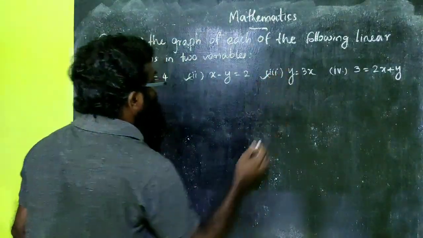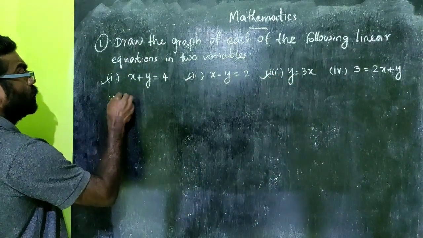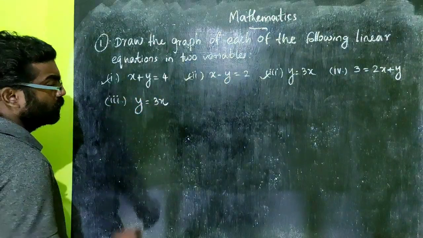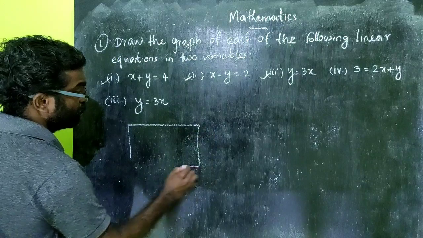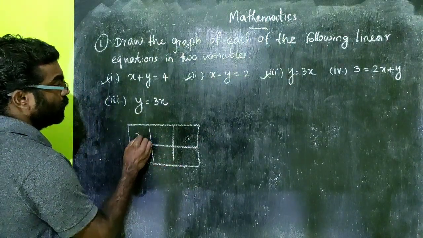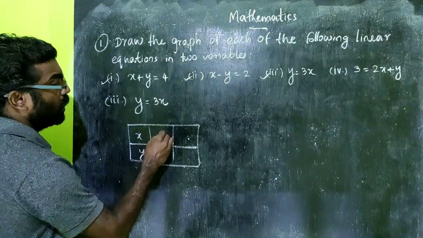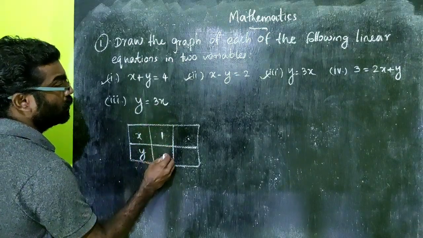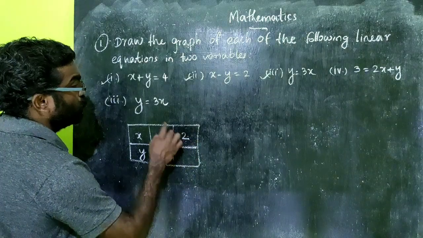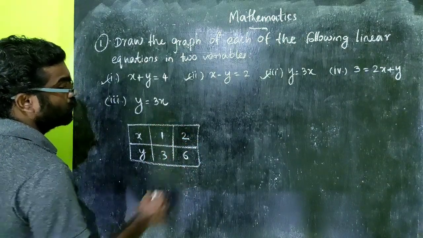Now consider the third one, y is equal to 3x. When x equal to 1, y equal to 3 into 1, which is 3. And when x equal to 2, y is equal to 3 into 2, which is 6.